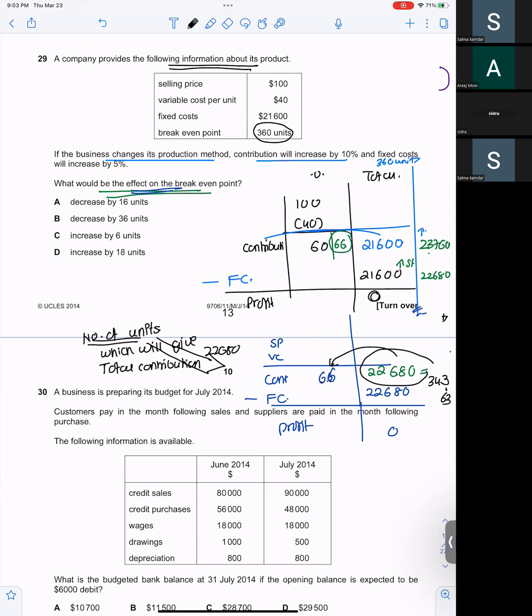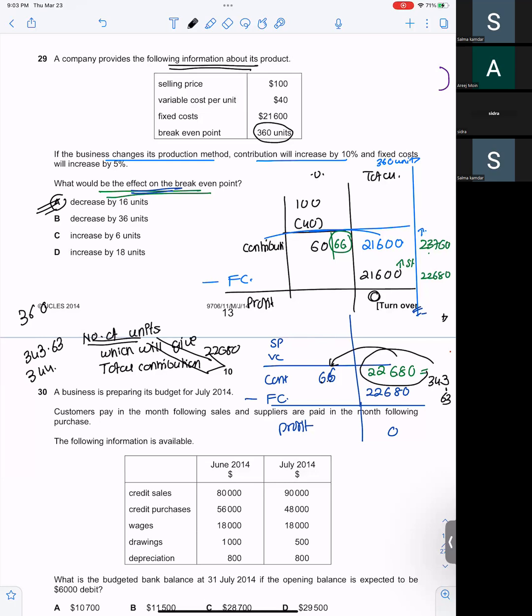Okay. What is the original number of units at break-even? 360. And the new one is 344. Just subtract and see. Decreased by 16 units. So A.